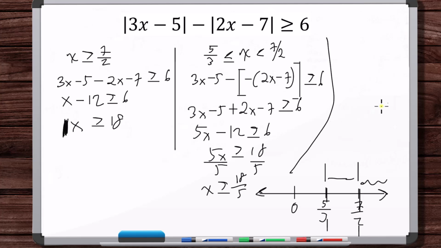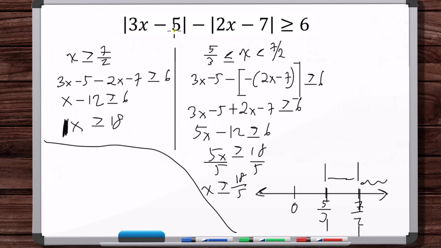Okay. Now we've got x is less than 5/3. So both of these are going to be negative. Let's come over here. 3x minus 5 is going to be negative, 2x minus 7 is going to be negative.